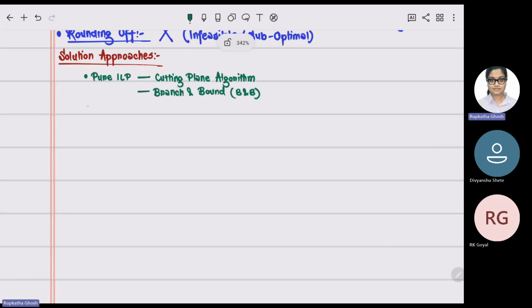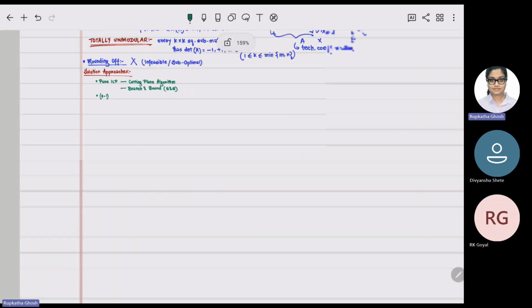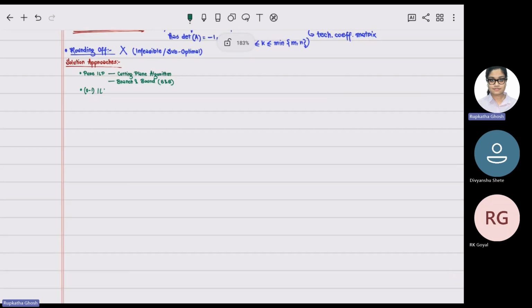Then for 0-1 ILP, again you have branch and bound. Then you have Balas's additive algorithm.